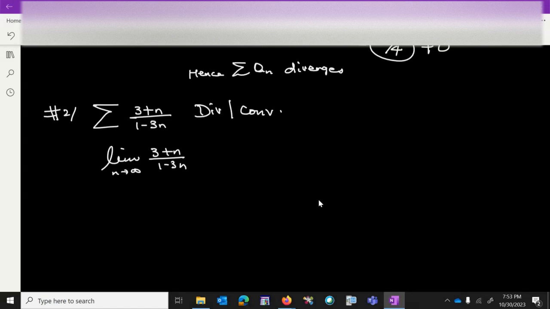As always, look, in the denominator I have n to the power of 1. That's the maximum exponent I can have. So this is going to be the limit of 3 plus n divided by just n, over 1 minus 3n over n, as n approaches infinity.